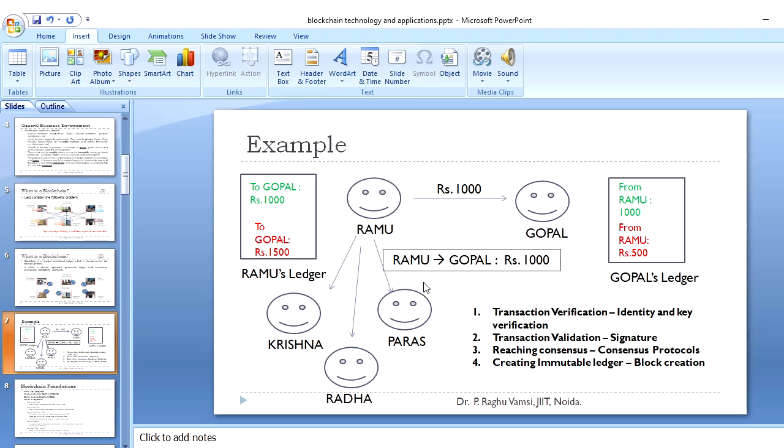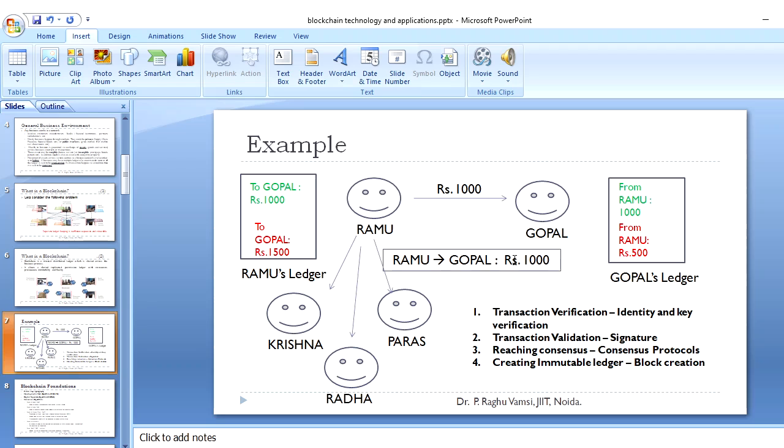Whoever receives this particular transaction can easily verify with the help of Ramu's public key and decrypt the message digest. Then they put this transaction on SHA-256. Whatever message digest they get, they match with the message digest that they decrypted.